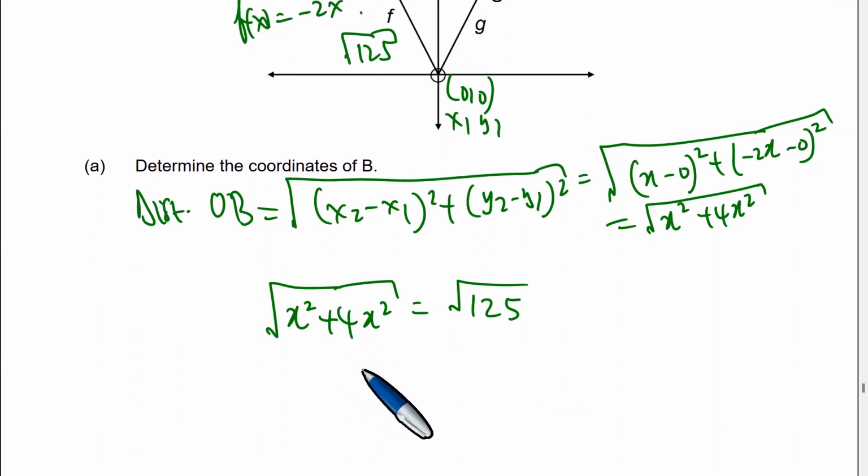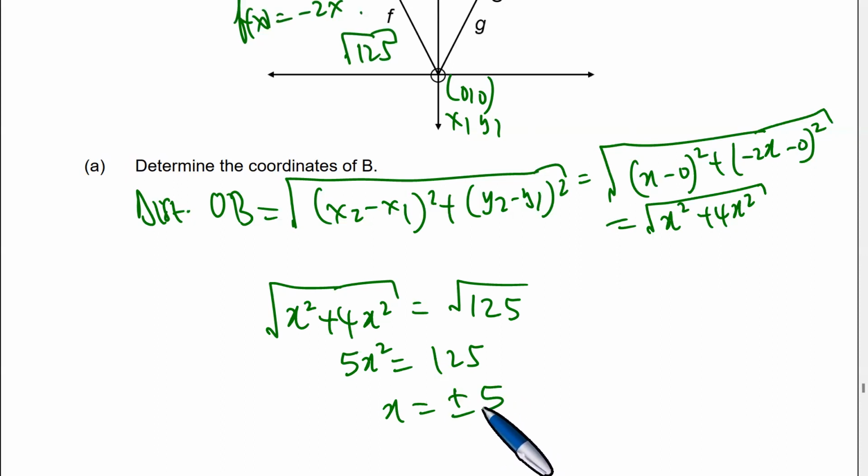Under the square root, we're going to get 5x squared, which is 125. Divide by 5 and take the square root, which is plus or minus 5.